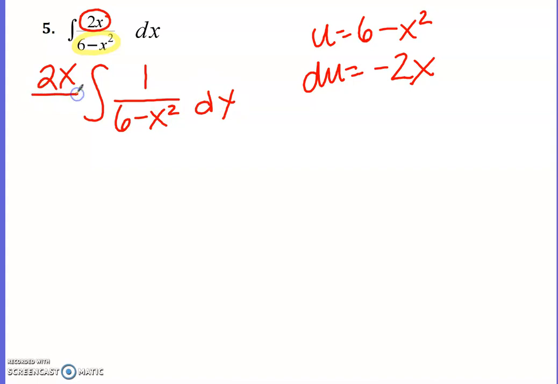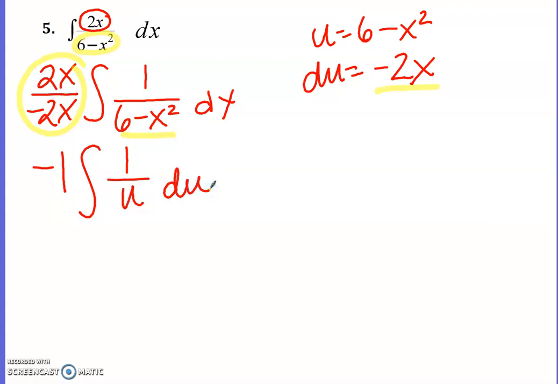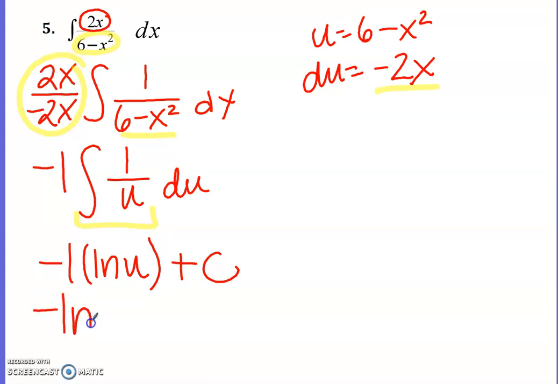I divide this 2x by du, which is negative 2x. This is going to simplify to negative 1. I substitute in u here. The integral of 1 over u is ln u plus c. So then I substitute back in 6 minus x squared plus c.